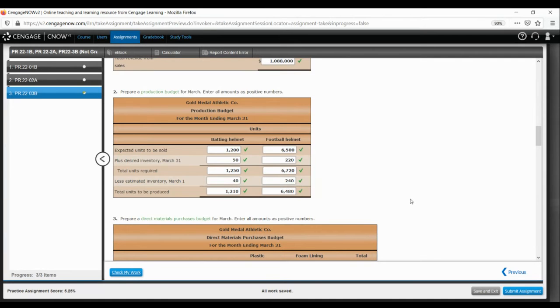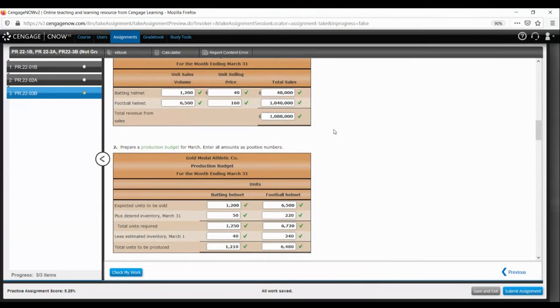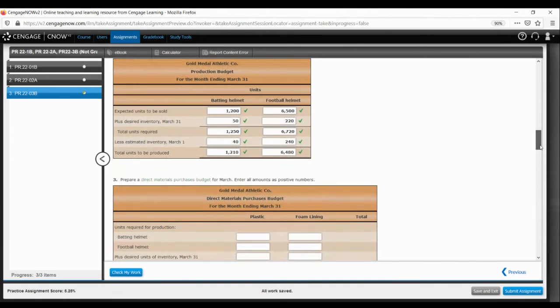Again, we prepare the budgets in order, starting with the sales budget, because we needed items from the sales budget to prepare the production budget. And we're also going to need information from the production budget to help us determine our direct materials purchases budget.